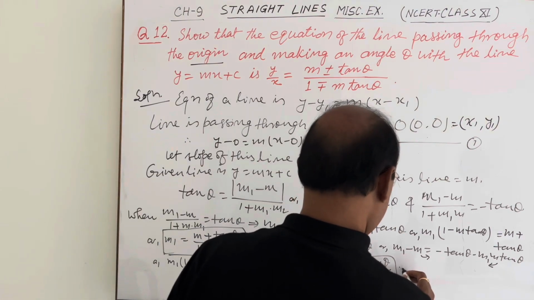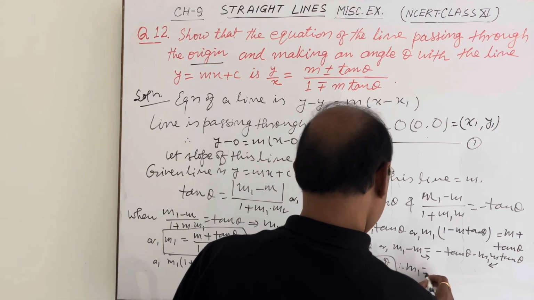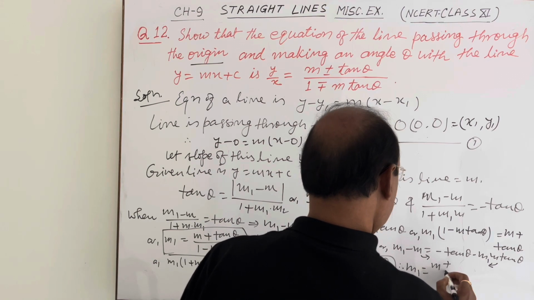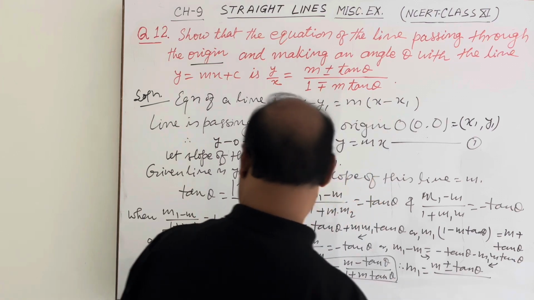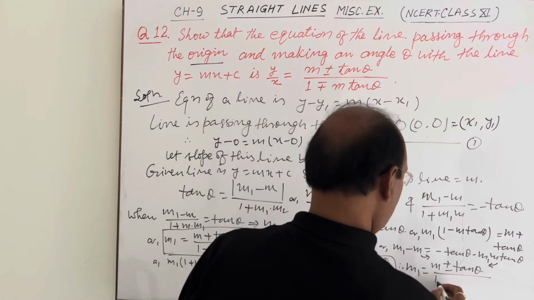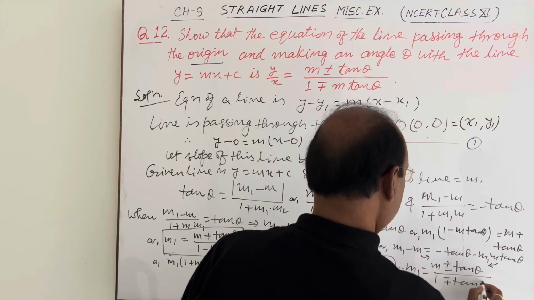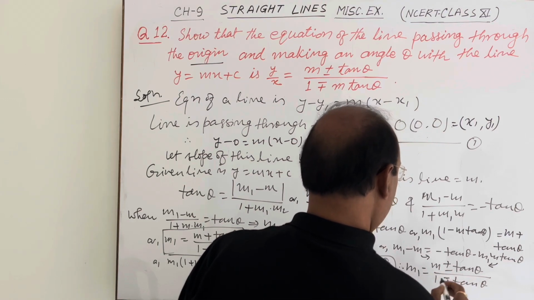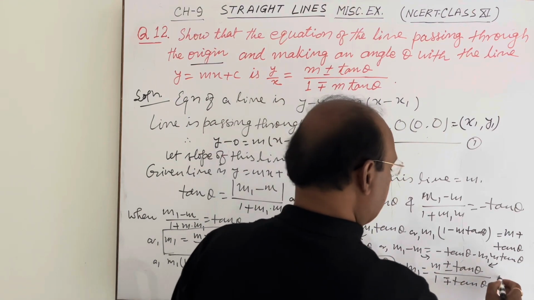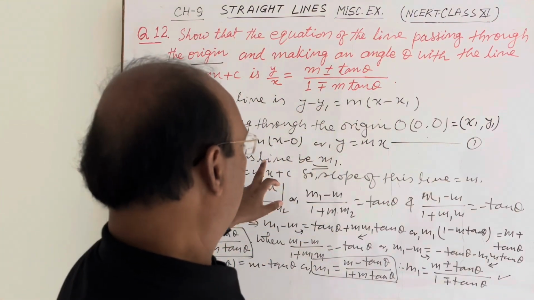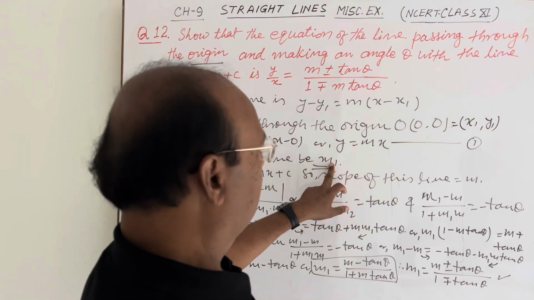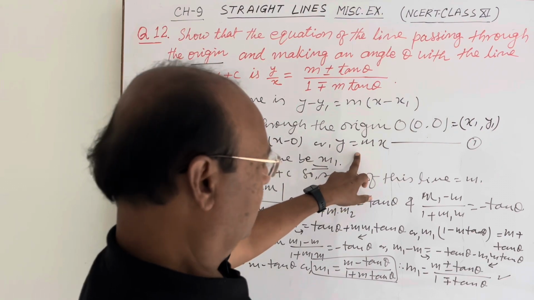Therefore, by combining these two results, m1 is equal to m plus minus tan theta upon 1 minus plus tan theta. Now we'll put this value of m1 in equation number 1 in place of m1. Then we'll get the result.